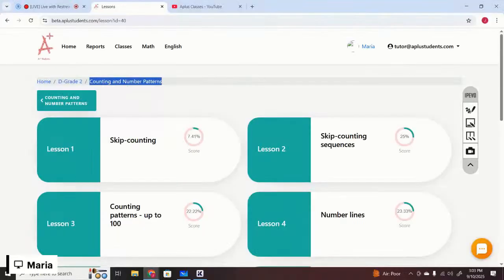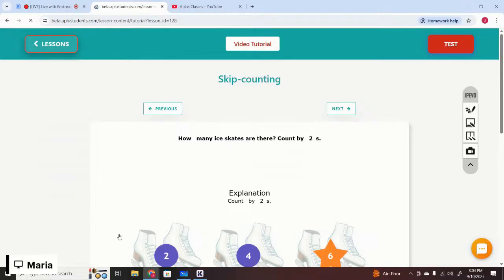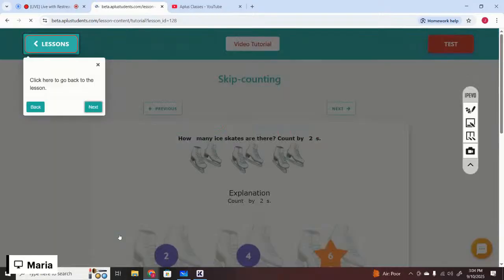So here I am on grade 2 math. The chapter we are on right now is counting and number patterns. Let's start with the first lesson, that is counting. How many ice skates are there?